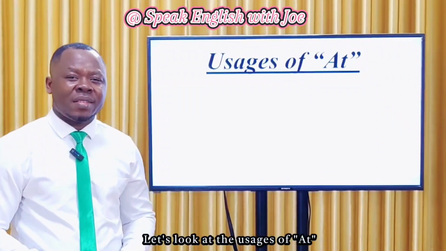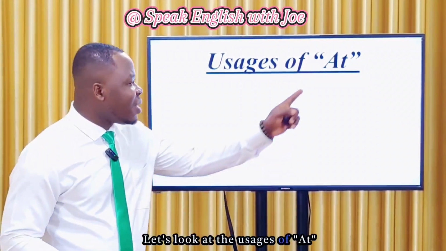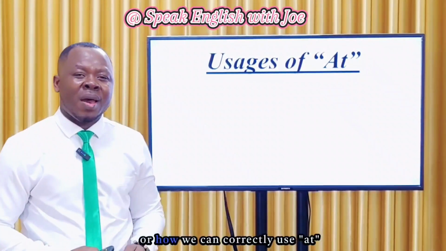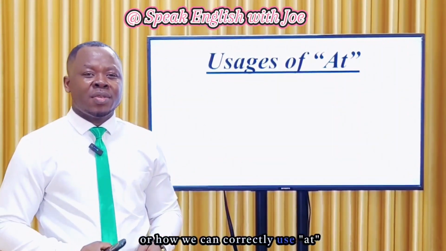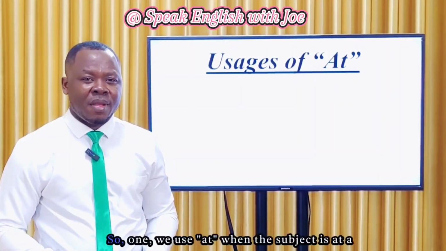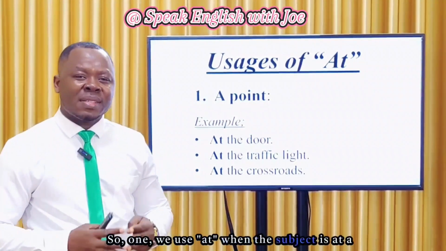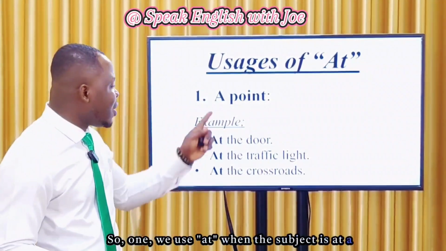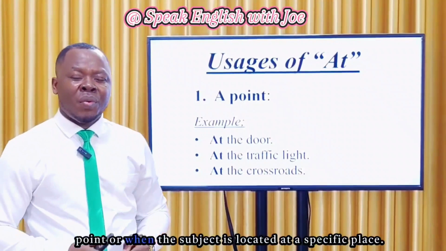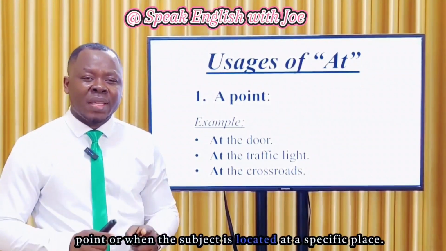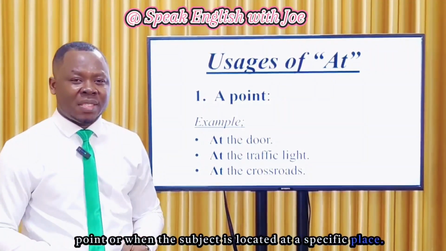Let's look at the usages of at, or how we can correctly use at. So 1. We use at when the subject is at a point, or when the subject is located at a specific place.